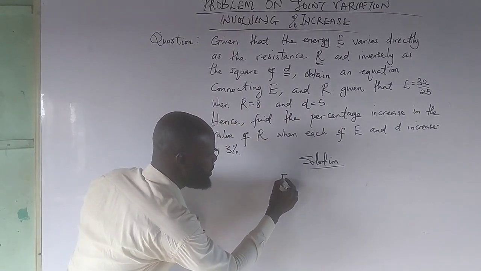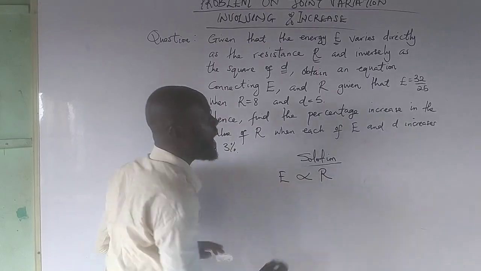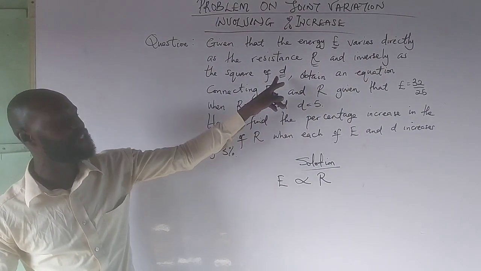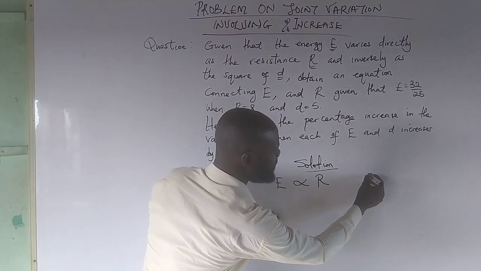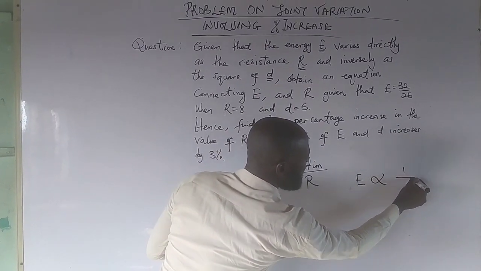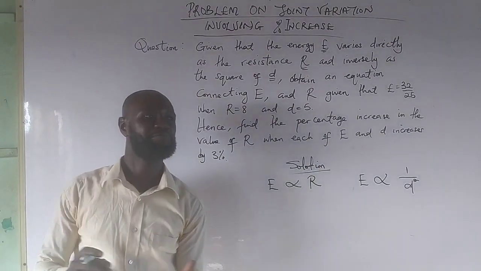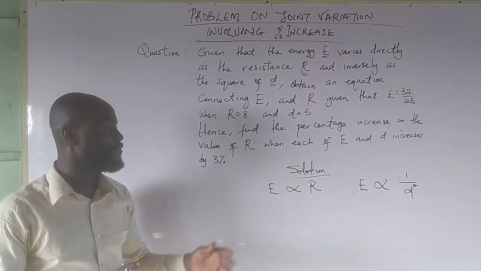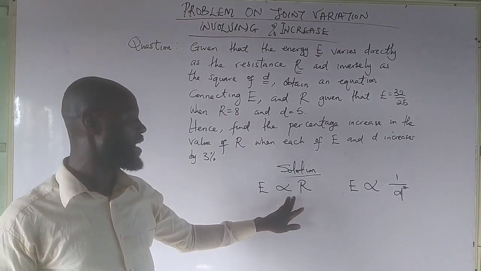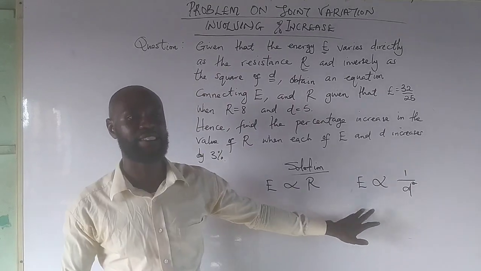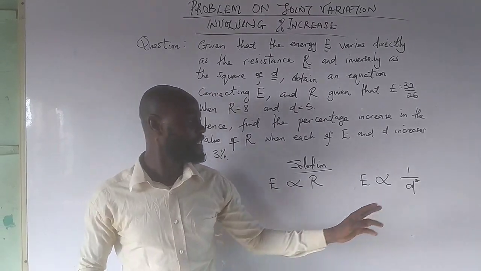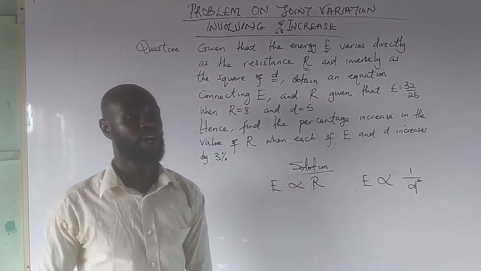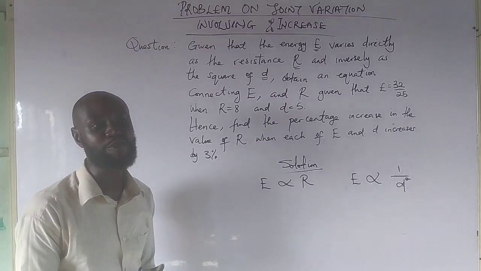That means E varies directly as R. Also, E varies inversely as the square of D. So we have two variations: the first one, E varies directly as R. The second one is inverse proportion, which is the same as E varies inversely as the square of D. So we can jointly express the two variations.